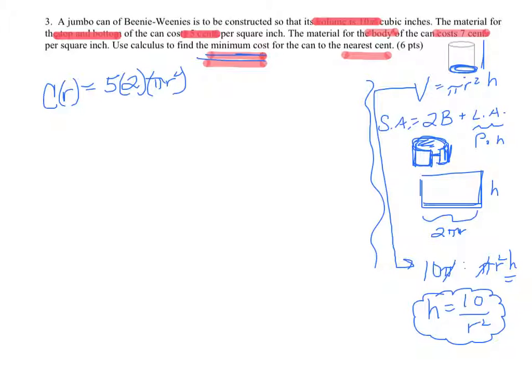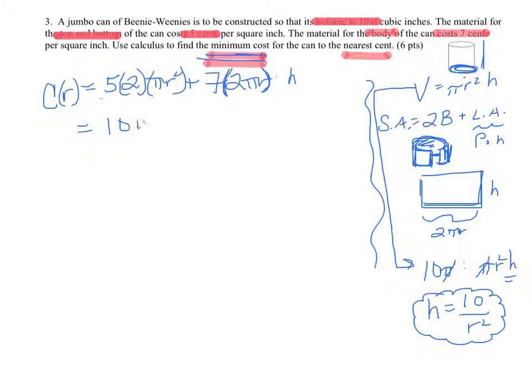Multiplying my 5 by my square inches area. Adding the 7. Now the lateral area is 2 pi r times h. 2 pi r h. These parentheses are going to show up. So it's not in terms of r completely yet.